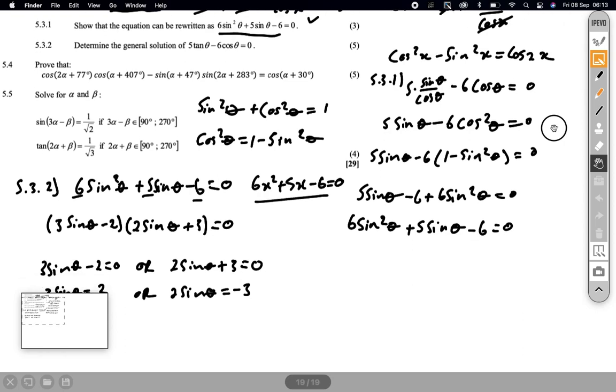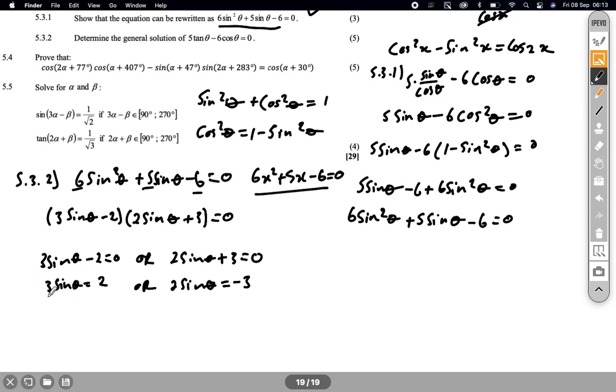Now remember, to isolate sine, we have to divide by the coefficient of the trig function. So this side we're going to divide by 3. So we're going to have sine theta equals 2 over 3. And this side we're going to have sine theta equals negative 3 over 2.